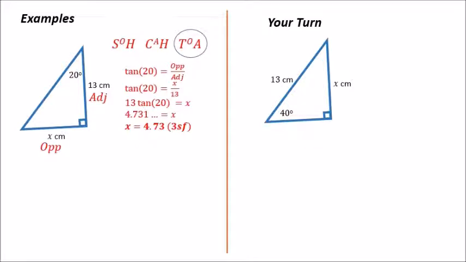Just like in algebra, you don't worry about the multiplication sign between 2 and x in the term 2x. So 13 tan 20 is equal to x. If we type that into the calculator exactly as it is, then we end up with 4.731 as our value of x. If we round that to three significant figures, we get a value of x to be 4.73 centimeters.